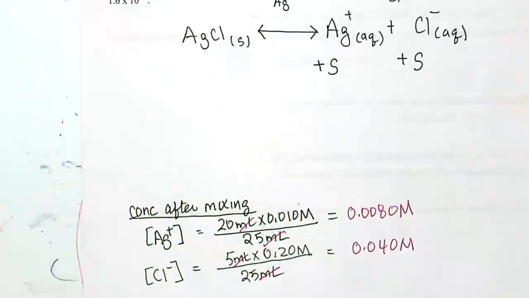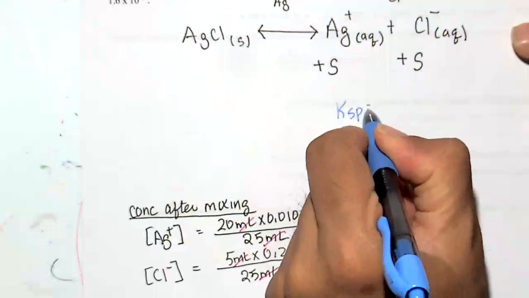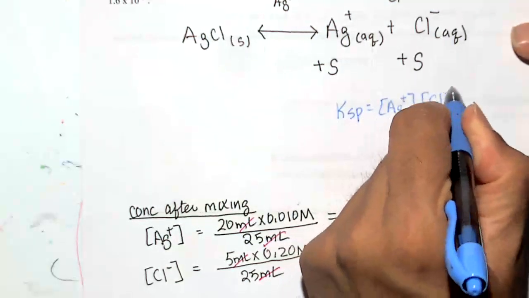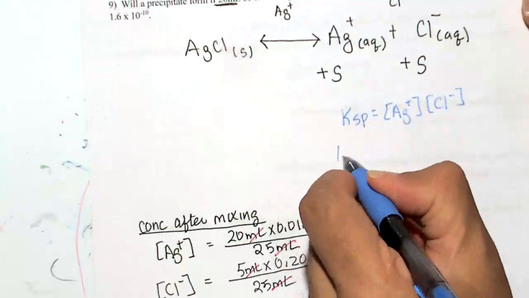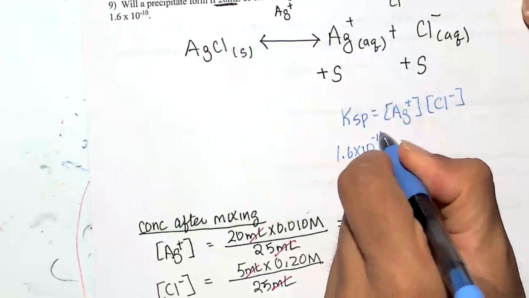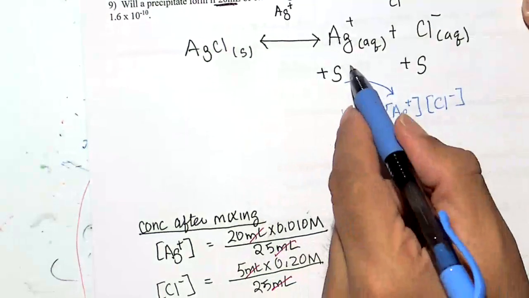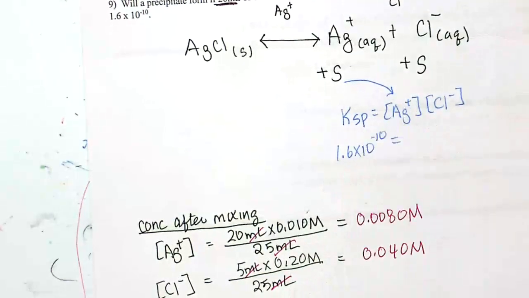0.04 molar. All right, so our Ksp here is this. We have 1.6 times 10 to the minus 10. This is S, but for Ag+ we'll substitute in 0.0080.